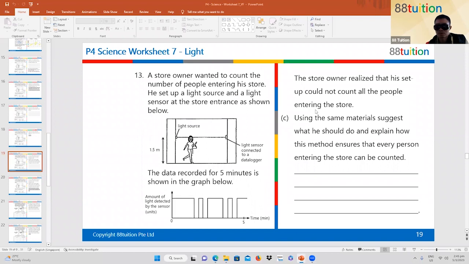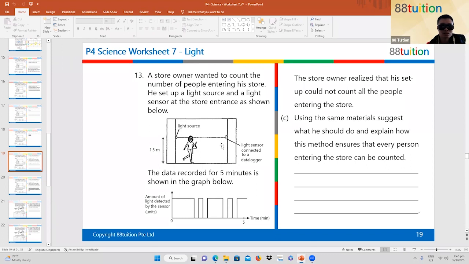Ariano, what he can do and how this method works, to ensure every person entering the store can be counted. By making it lower, okay.